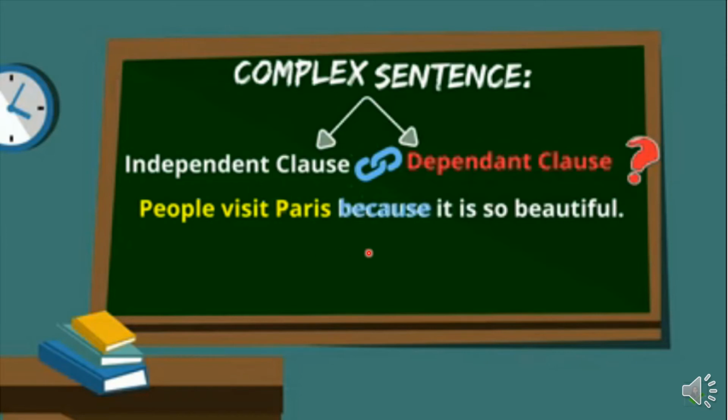While here, because it's so beautiful, we can see that it has a subject and a predicate, but it starts with a subordinating conjunction, which is because. So we know that this is a dependent clause, and because it is so beautiful cannot express a complete thought by itself, and it doesn't make sense. So it needs an independent clause in order to express a complete thought or in order to make sense.